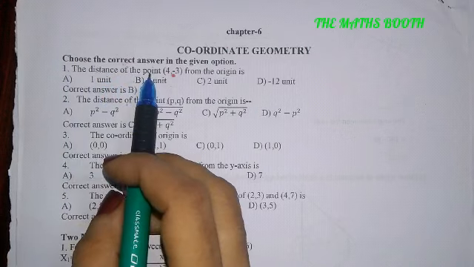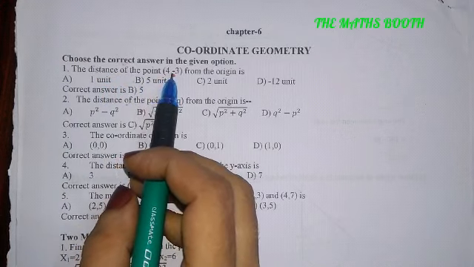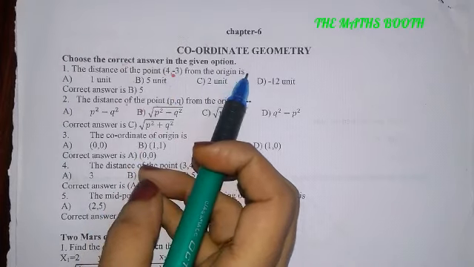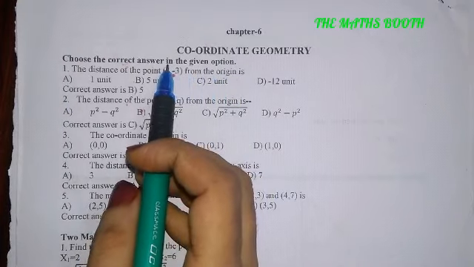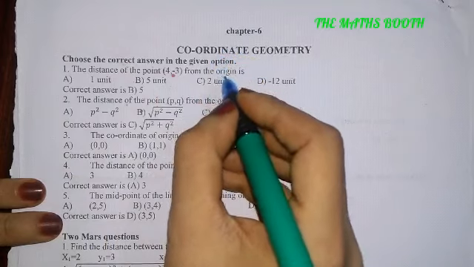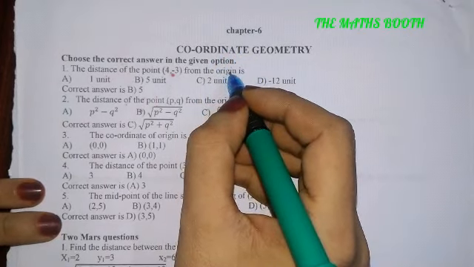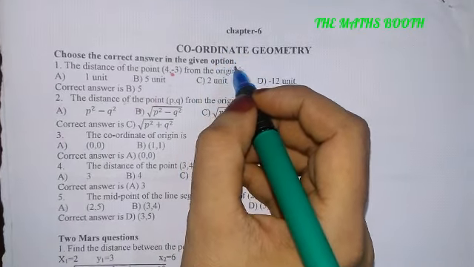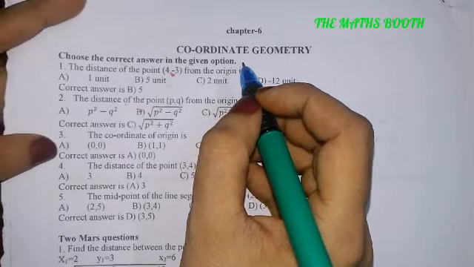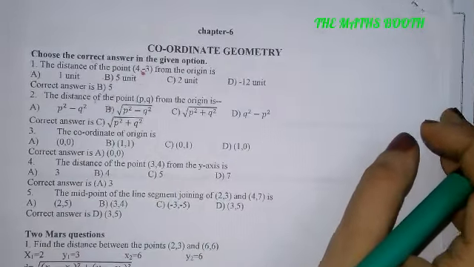The distance of the point 4, minus 3 from the origin is. When there is the word origin in the question, then we should take the distance formula for origin. We know the formula for origin.